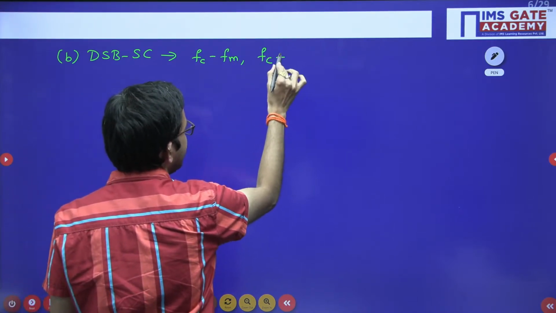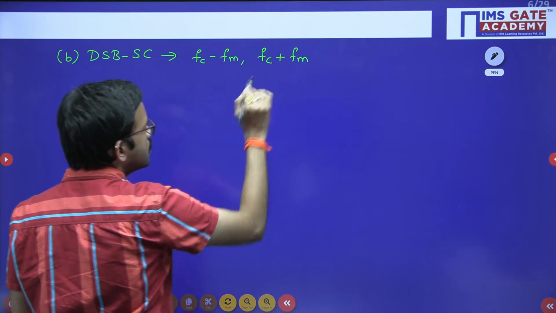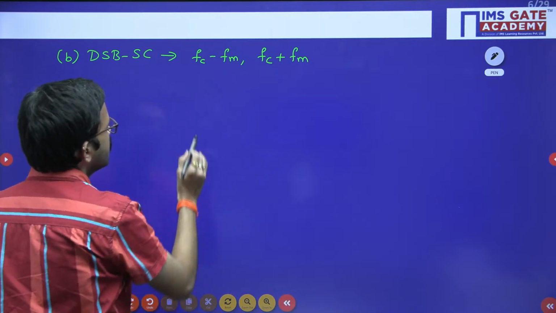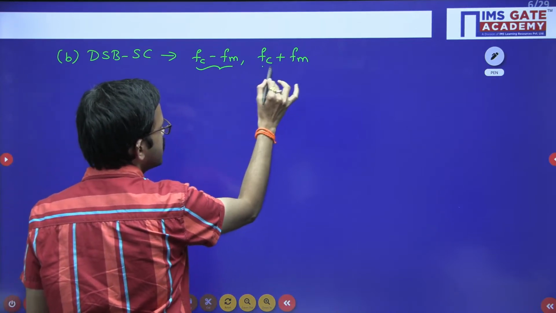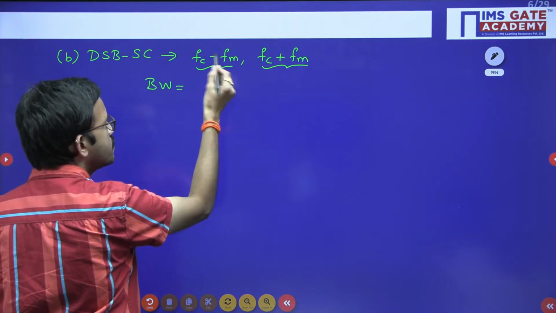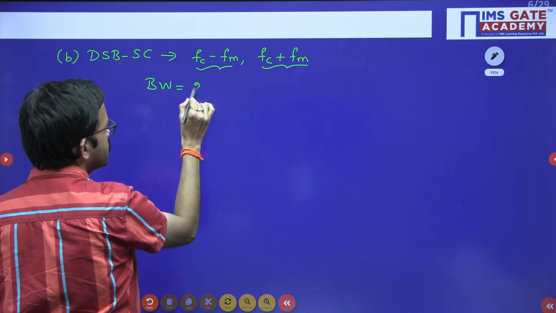At the carrier frequency, you won't get signal spectrum or signal strength, you can say 0. So here this is the minimum frequency and this is the maximum frequency. So bandwidth is nothing but highest frequency minus lowest, so obviously you'll get 2 FM.